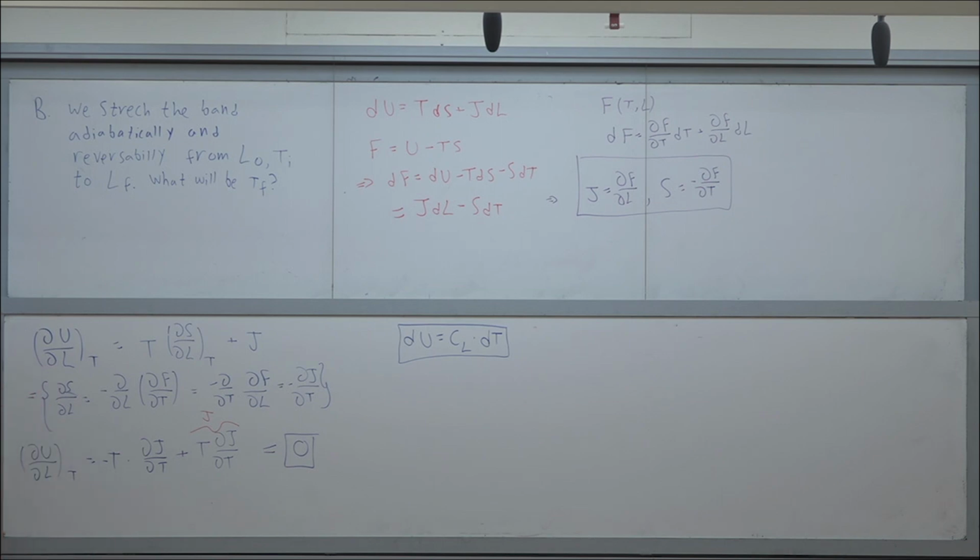Always, the heat capacity needs to be defined with something constant. Generally in thermodynamics you write CV or CP, but here the length is the parameter, so it's at constant length.